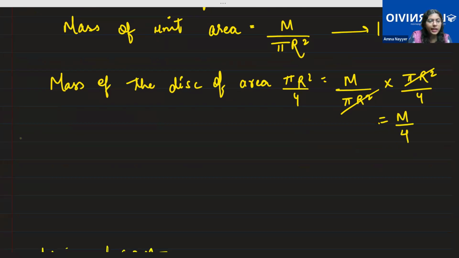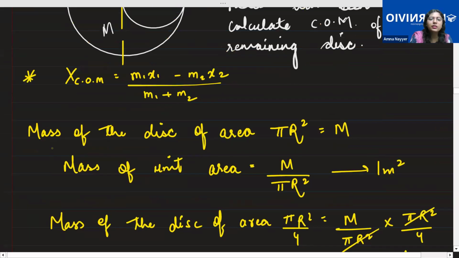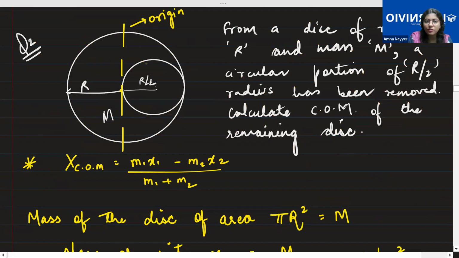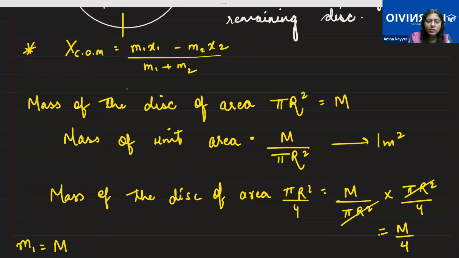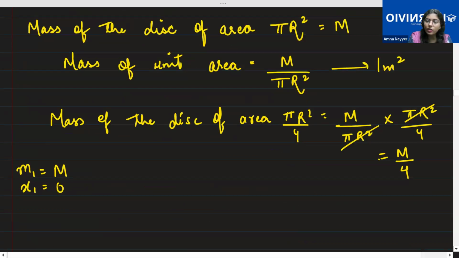Now see, M1 will be the mass of the bigger disk. X1 at the origin, what is the separation? There is no separation. It is exactly at its center, so it will be 0. Imagine as if this whole disk is present. At the center it will be 0 because that is your origin. So it is 0 for the position and M as the mass.